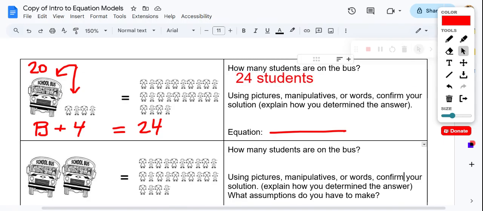Now this middle part right here says to use pictures, manipulatives, or words confirming your solution. We're going to explain how we know that.